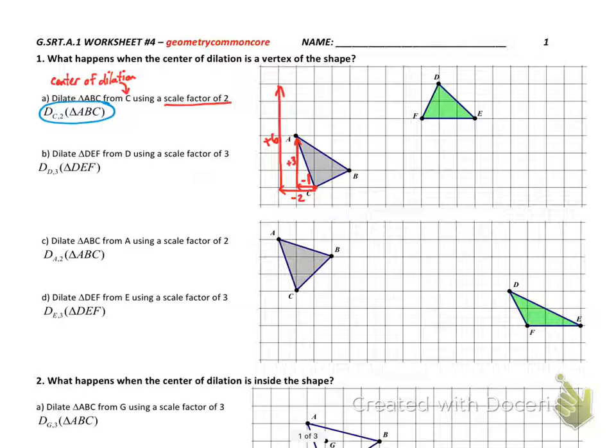And I double that because that's my scale factor, 2. If it was triple, I would do 3 times it. If it was 4, then I'd do 4 times. All right, so that puts my point right here.